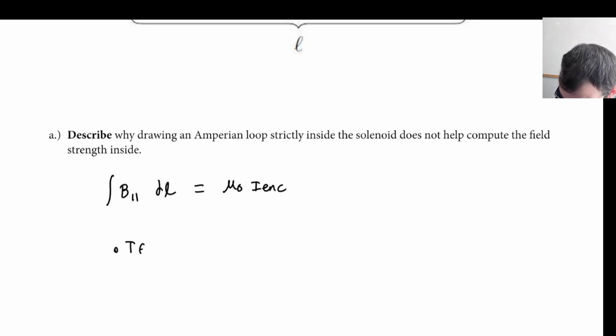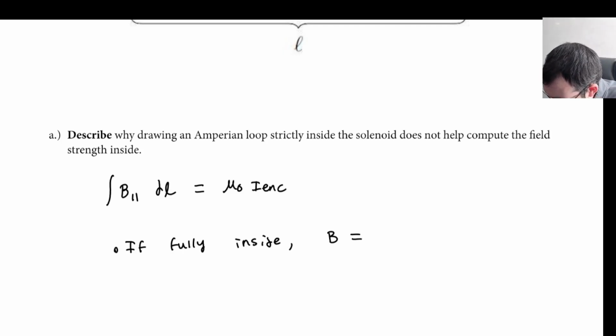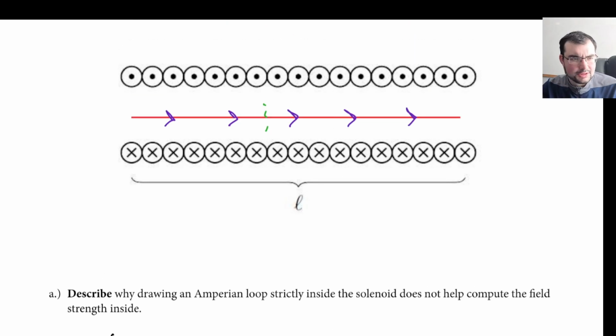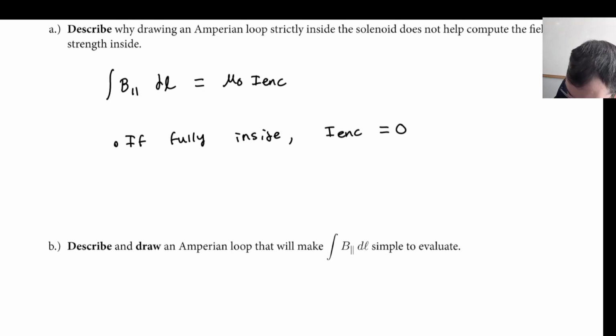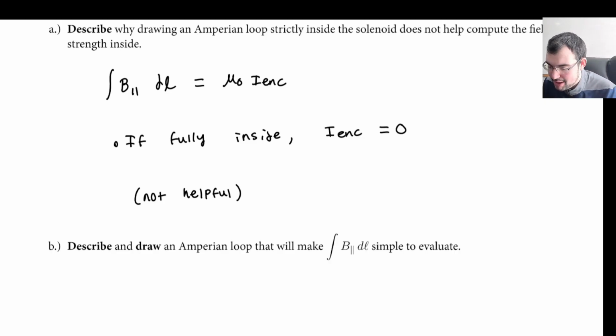So if you're fully inside, I enclosed is equal to 0, which is not helpful at all. So that's not helpful, because we want some non-zero value so we can solve for B.